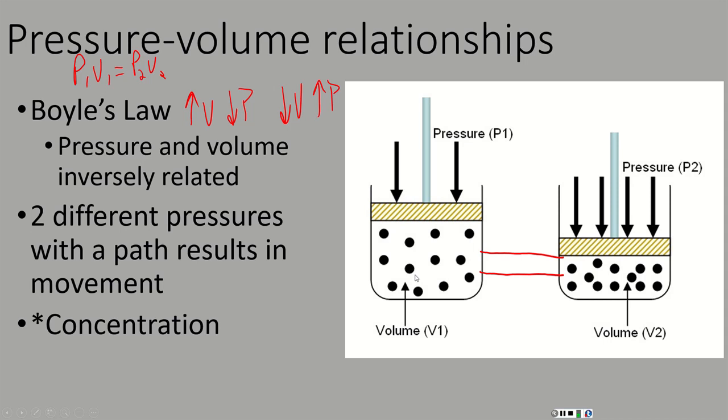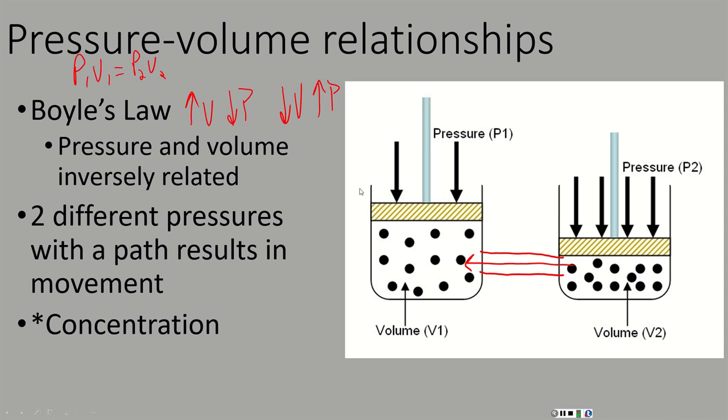Well, that is diffusion. When we looked at diffusion in Bio 137, we said things will move from an area of high concentration to an area of low concentration. But diffusion works with pressure also, and it's the exact same concept. Things will diffuse from an area of high pressure towards an area of low pressure.